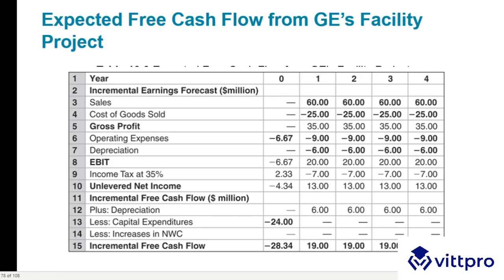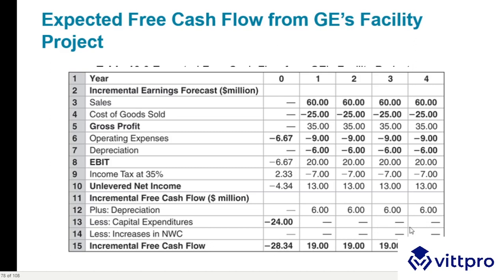So if you put that all in, $60 million sales, $25 million cost of sales, operating expenses of 9 million, depreciation is 6, so the EBITDA is there, and 6.67 is the upfront cost. After income tax, they get the unlevered net income of 13, plus the depreciation, minus the capital expenditure.